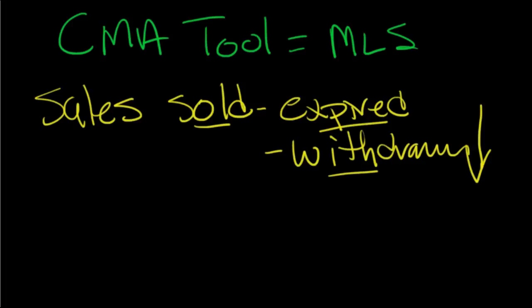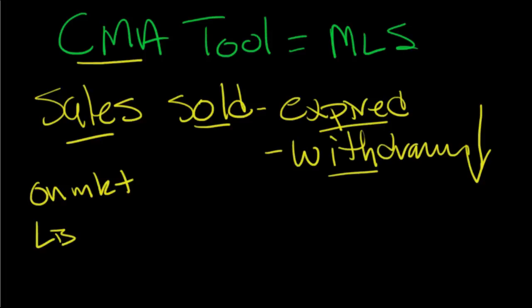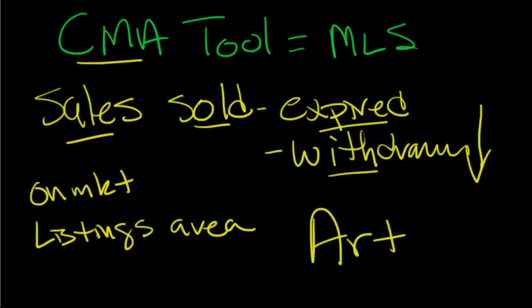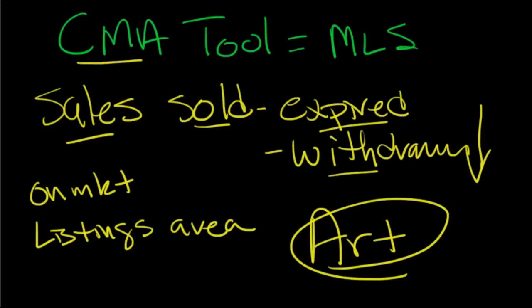So in this case, with the CMA tool, we're always looking for things that have sold. Now, you will have some agents out there that will sprinkle into their CMA analysis things that are currently on the market, listings in the area. Sometimes there are people that use a little bit of art in this and less science.